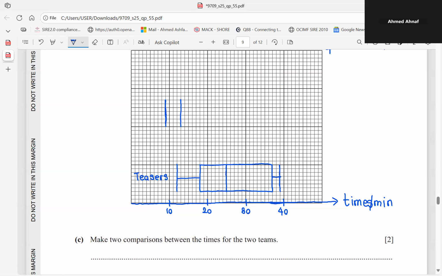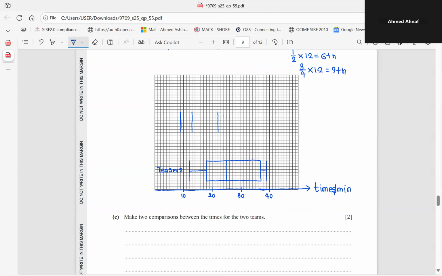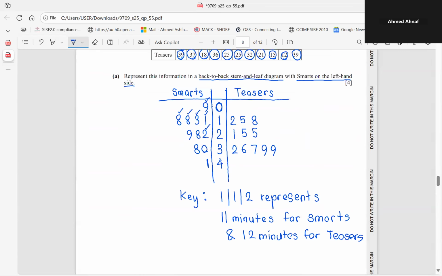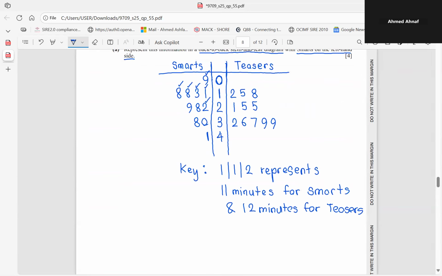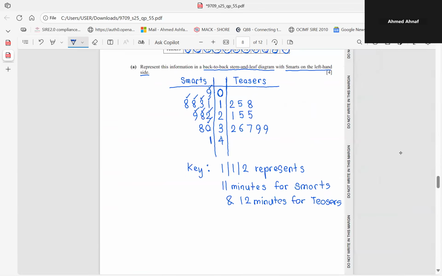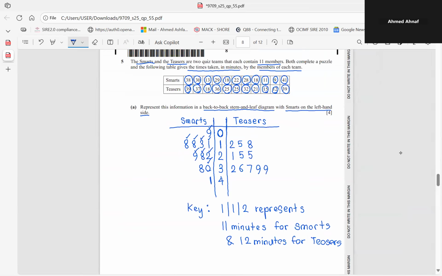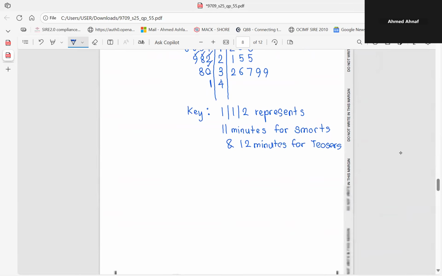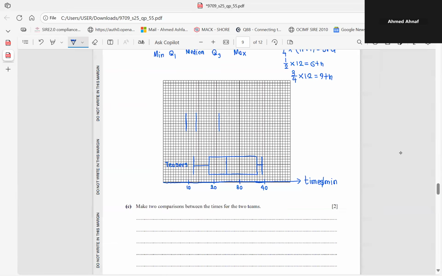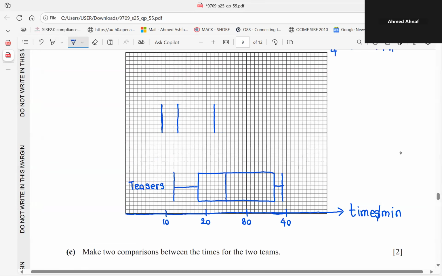Okay, so 22 is 20, 21, 22. And then ninth position, 1, 2, 3, 4, 5, 6, 7, 8, 9. That is 30, I'm sure. Yep, 30. So upper quartile is here.